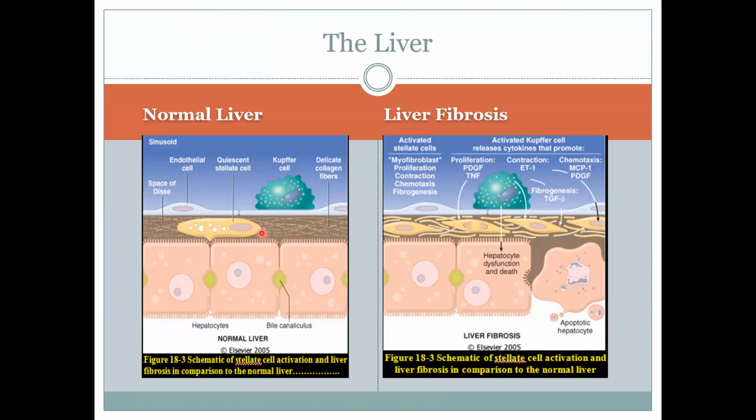perisinusoidal space. But the perisinusoidal space in normal condition is manned by a few stellate cells, also known as Ito cells. You can see that there is a very limited number of Ito cells in the perisinusoidal space.